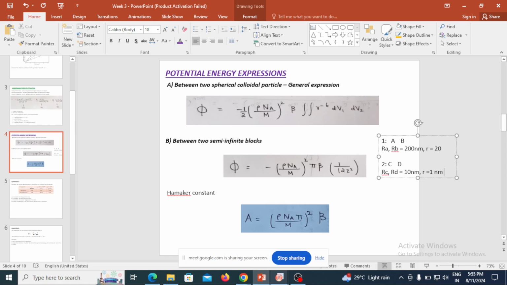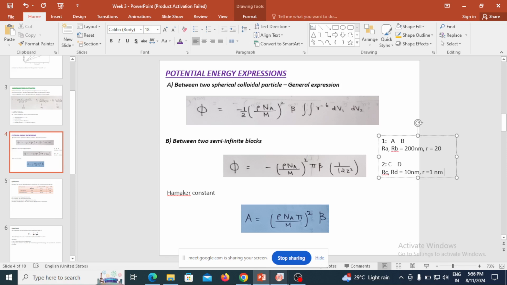So this is about two spherical colloidal particles, and this is more of a generalized expression. You need to integrate this. Now we come to the expression in case of two semi-infinite blocks. In that case the expression will be minus rho Na by m the whole square times pi times beta times 1 by 12 z square.